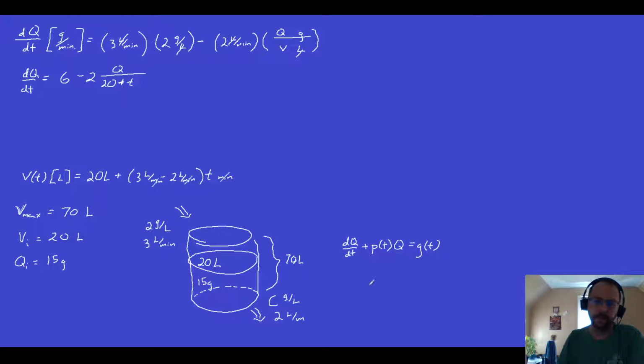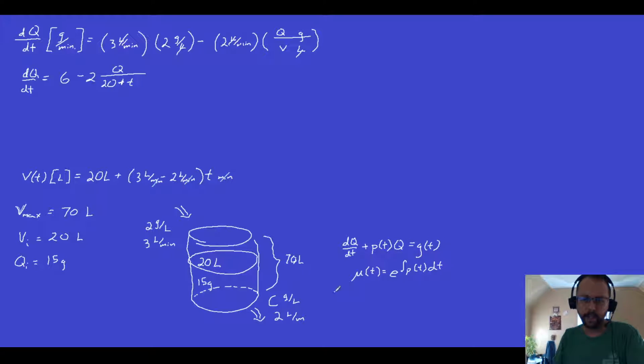And then p of t is there, g of t is there, and we're also going to figure out mu of t, which is equal to e raised to the integral of p of t dt.